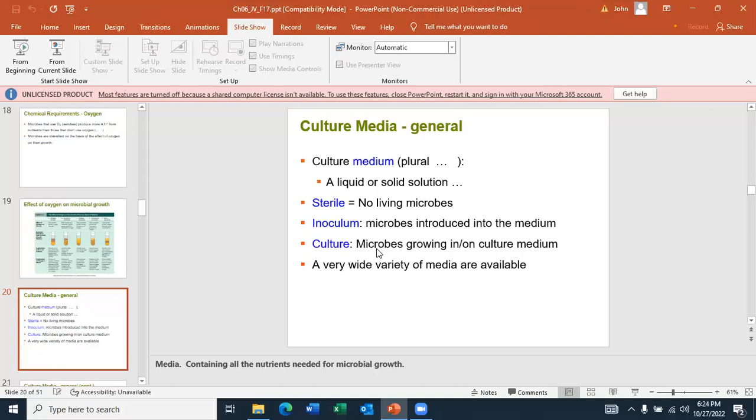And generally, even us lab instructors do not use that book very often. The point is there's just a whole bunch of different media, because a book that thick, each page is one media. So a wide variety of media are available.